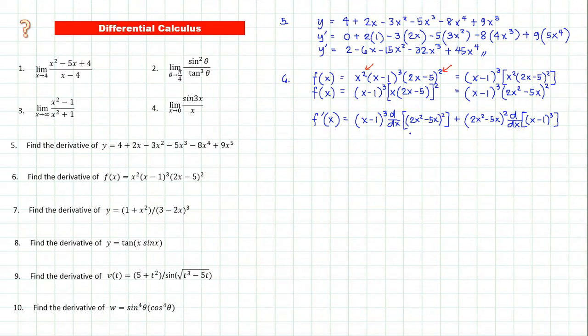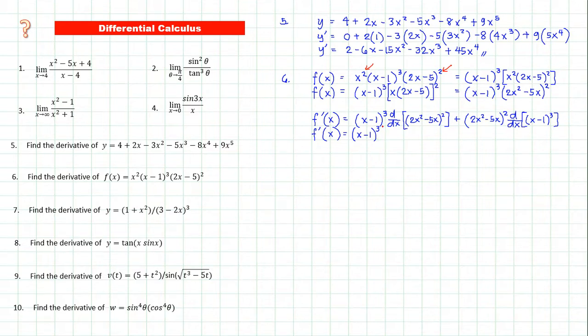Dito gagamit tayo ng chain rule, no? Kasi hindi natin makuha agad yung derivative nito. Ganon din dito. So gagamitan natin ng chain rule 'yan. Isa-isahin natin, guys. Dito f prime of x is equal to (x minus 1) cube. Ano ang derivative ng naka-squared na function tapos meron pang function sa loob? Gagamitan natin ng chain rule yan.